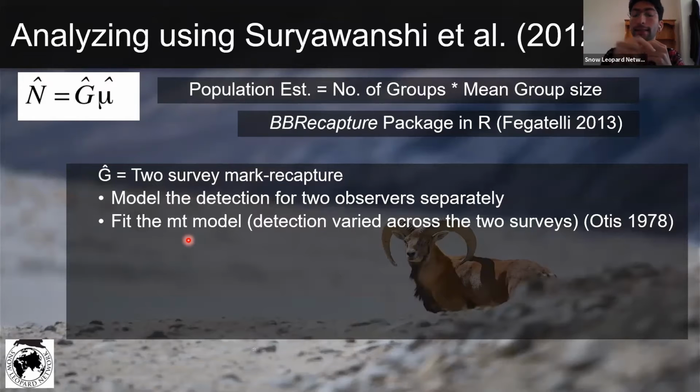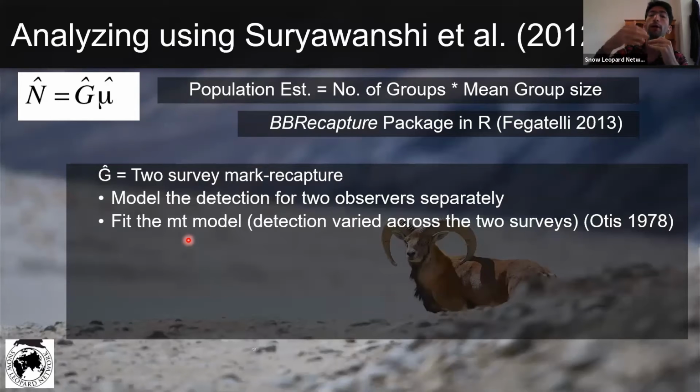There can be 2 types of impacts. One can be reduced detection: because of observer 1, observer 2 doesn't detect as many ungulates because the ungulates are running away. Or observer 2 can have increased detection because, for whatever reason, the ungulates tend to stay where they are.